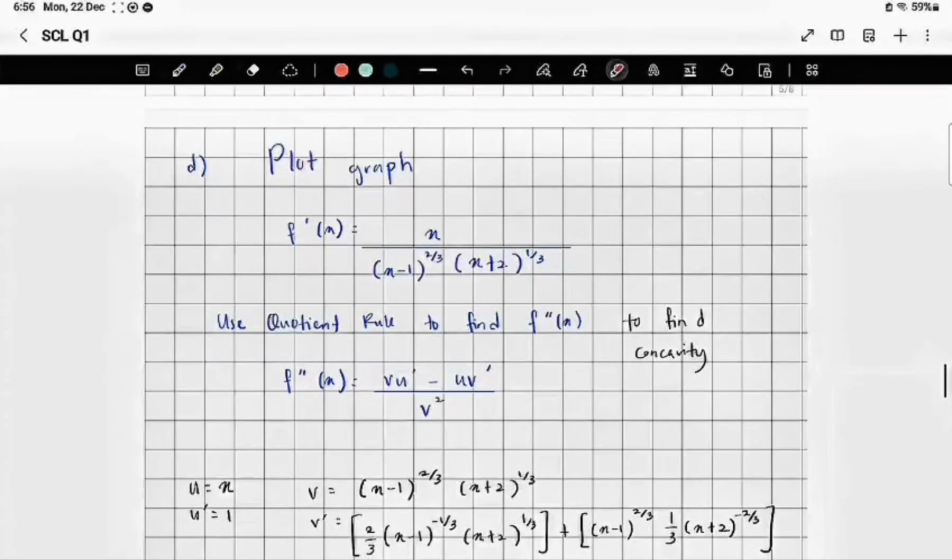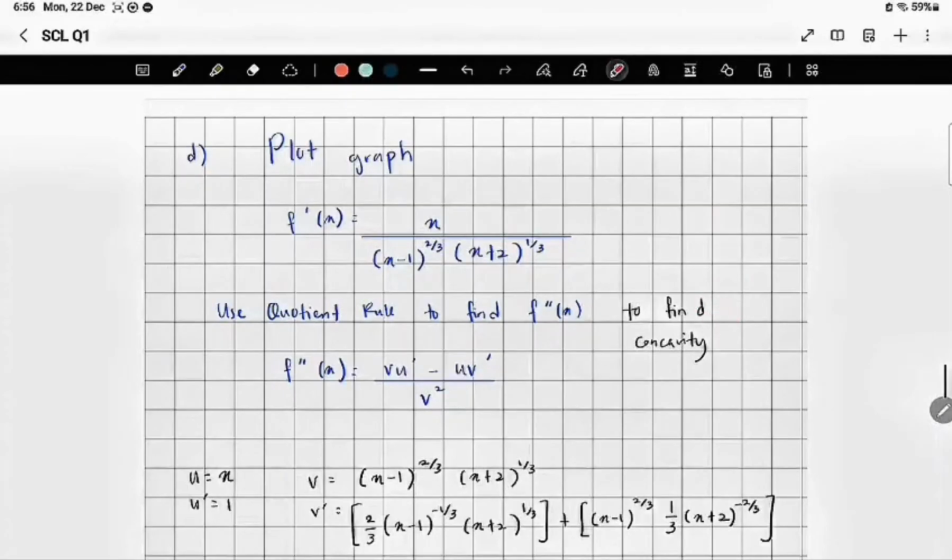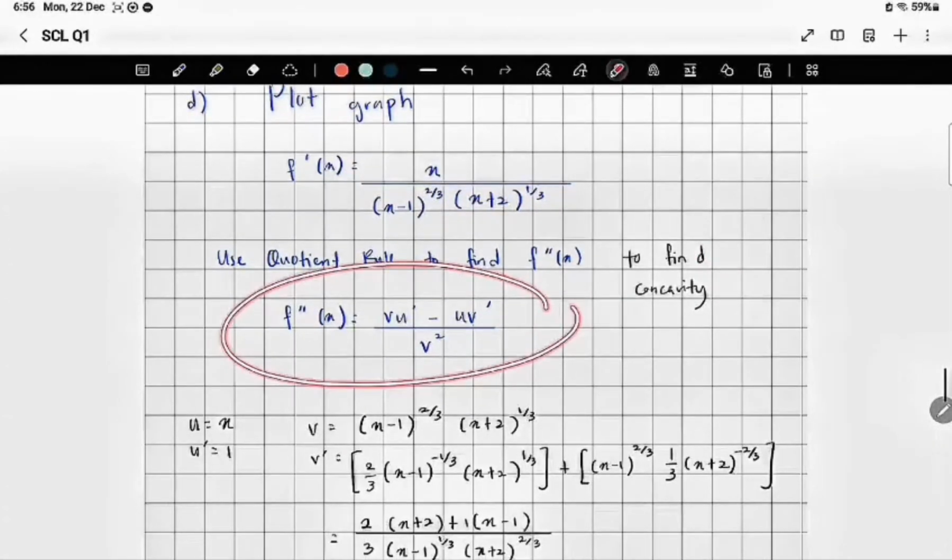So we need to apply the quotient rule to our first derivative here. This is the formula for the quotient rule: VU prime minus UV prime over V squared.